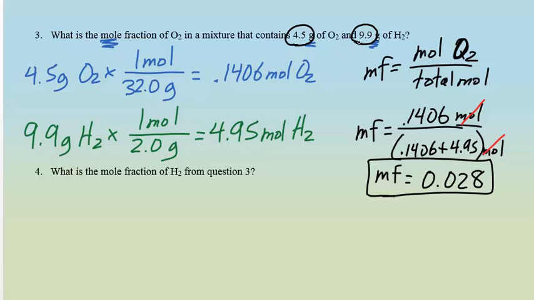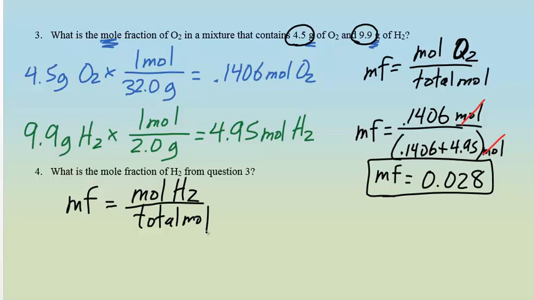The last one, what is the mole fraction of H2? Well, using that same formula, we want the mole fraction. In this case, now we want the mole fraction of hydrogen, and again, it's going to be divided by the total amount of moles. So the moles for just hydrogen was our 4.95.